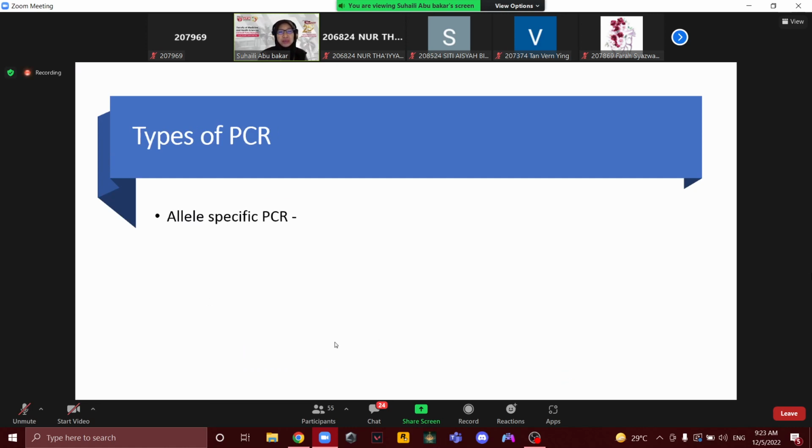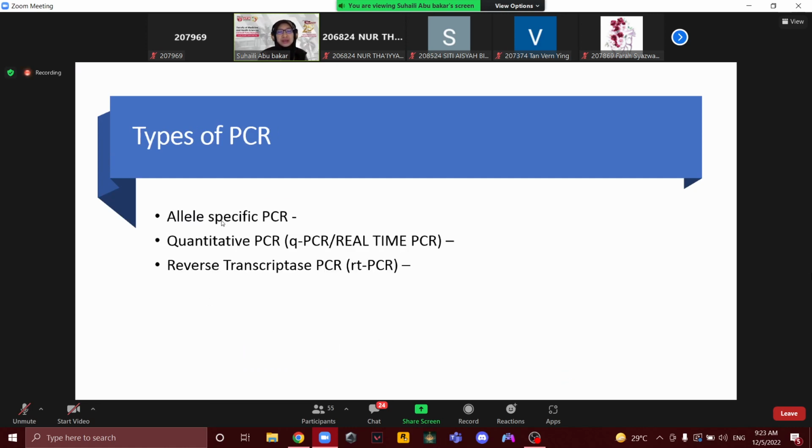This is the list of PCR types. Some of them. We have lots of types of PCR, but these are quite common. Allele-specific PCR, and quantitative PCR, whose short acronym can be qPCR. Q stands for quantitative, or sometimes it is called real-time PCR.